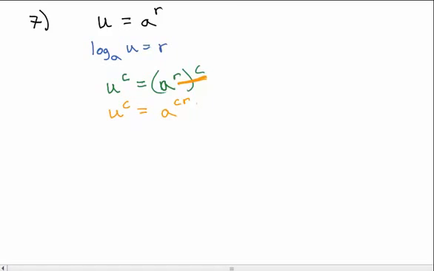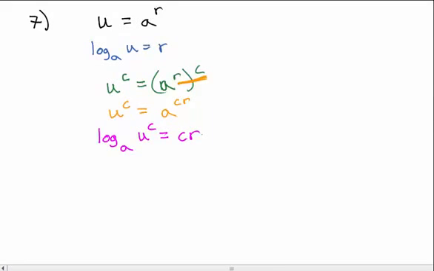So if we rewrite this as a log, we want to make the base a. So log base a of the other side, which would be u to the c, must be equal to the exponent on our base, which is CR. So you can see if we rewrote this, it would be a to the CR equals u to the c.